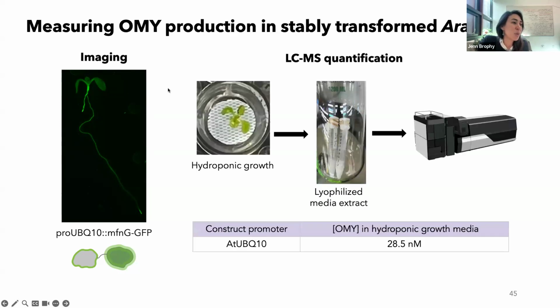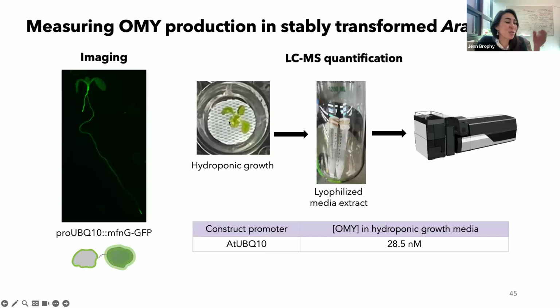And Vivian has been doing assays to figure out how much O-methyltyrosine these plants actually exude. She's been growing plants on little filter rafts in hydroponic growth media. This, I believe, is a 96-well plate, just to give you a sense of scale of how small these are.